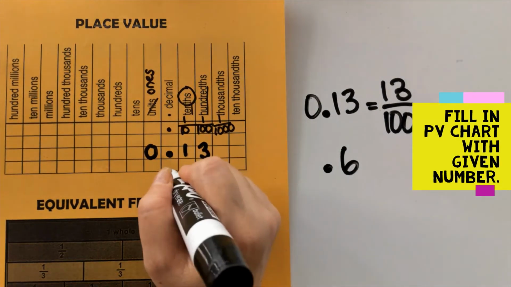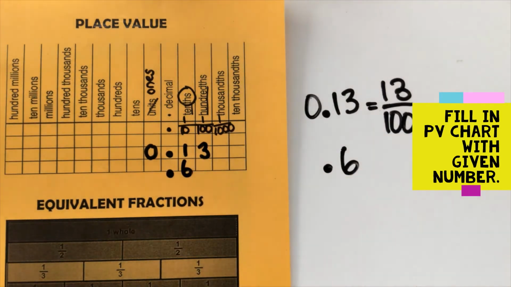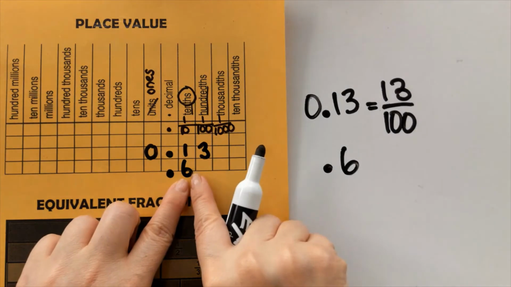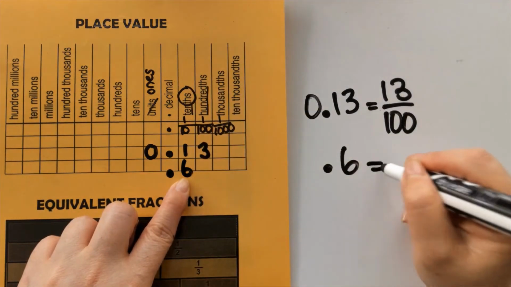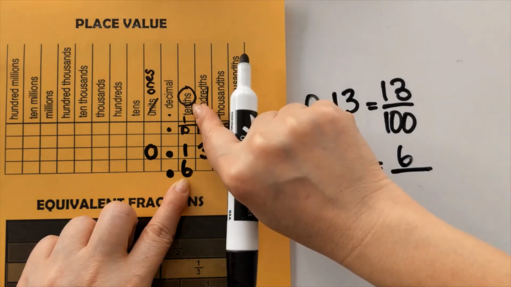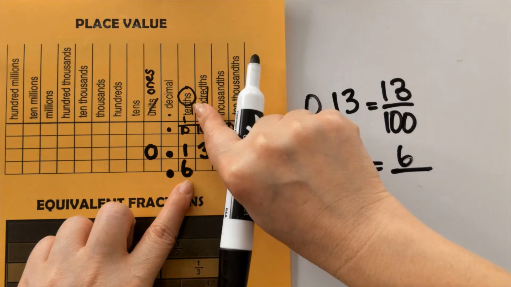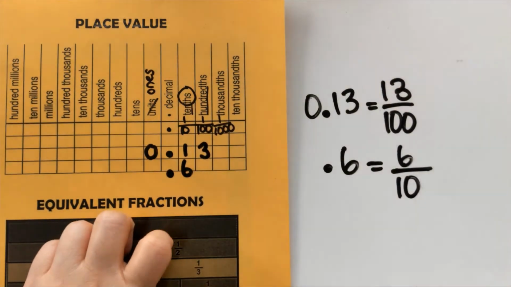You start at the decimal, you fill it in, okay, and the 6 is right after the decimal. And notice how it's 6 tenths. So whatever number here will be in your numerator, and whatever place value it ended in, and it says tenths, then you just put 10 at the bottom.